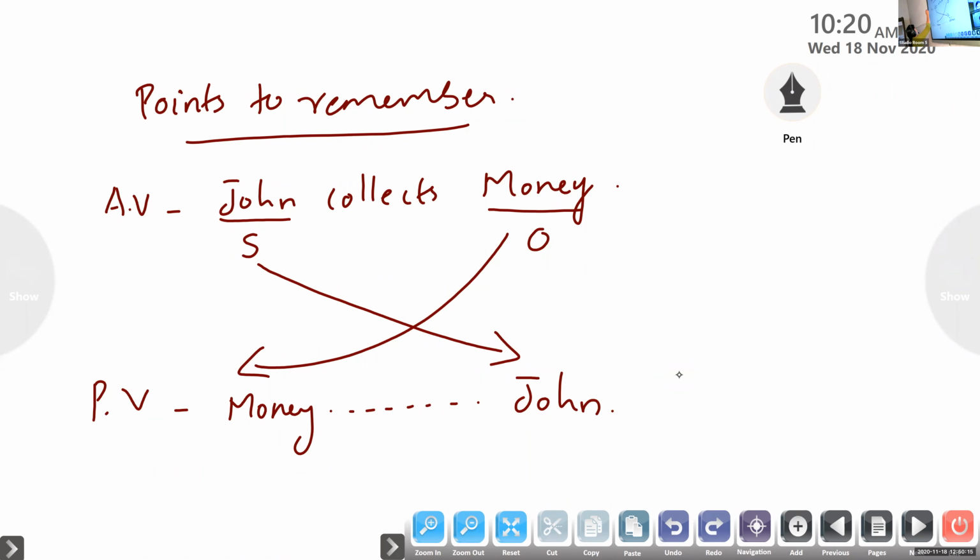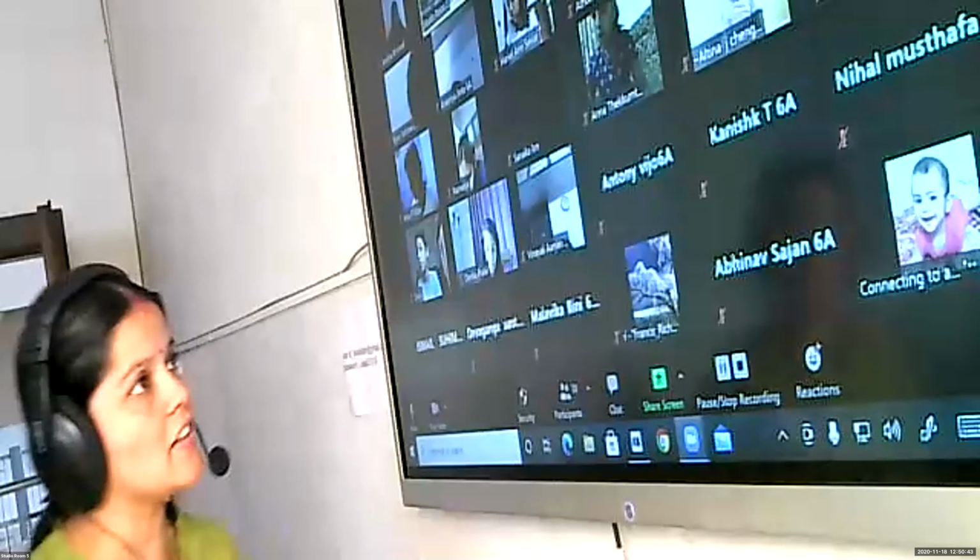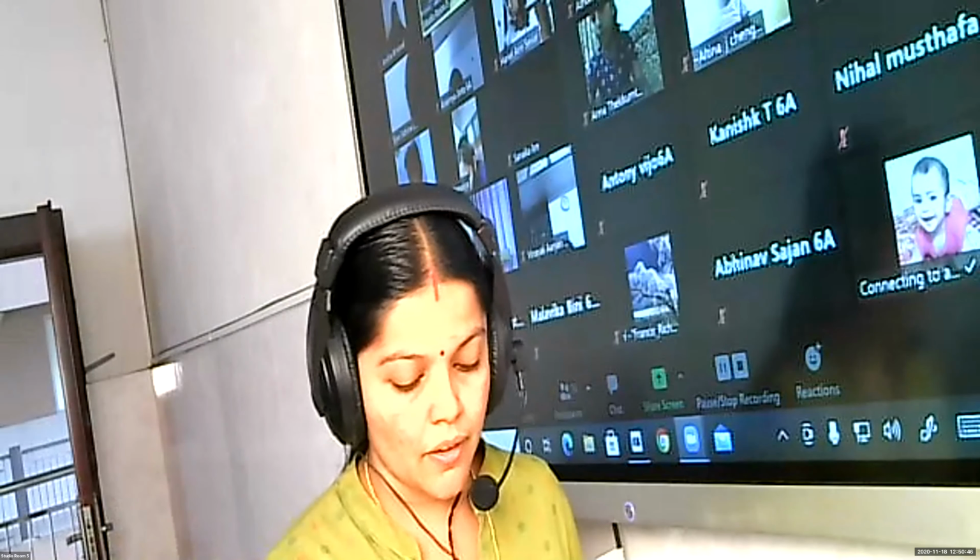Points to remember, point number 1. If you want, you can note down point 1. Just write this example the way I have written on the board. Under this, write the point.